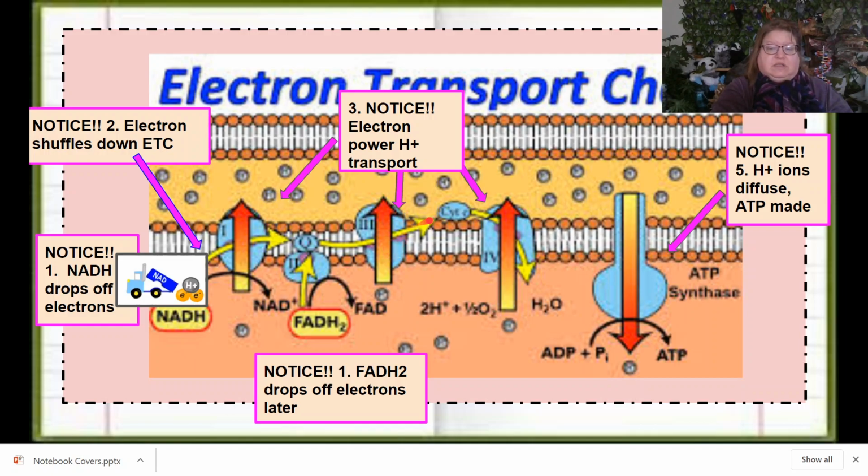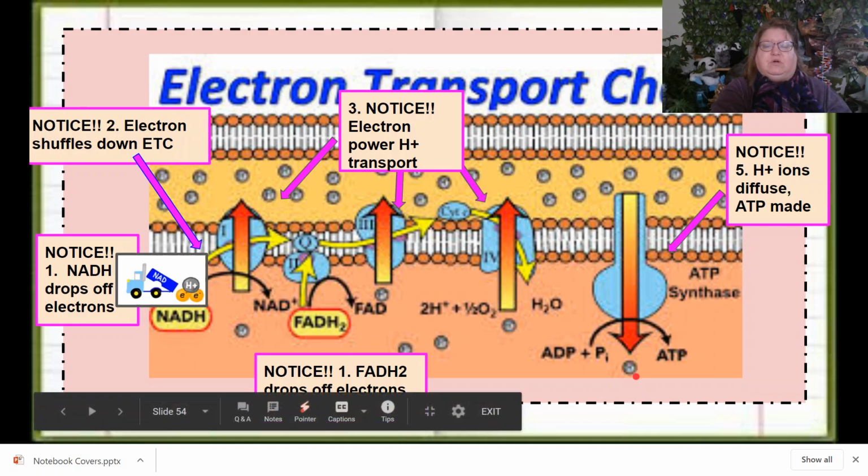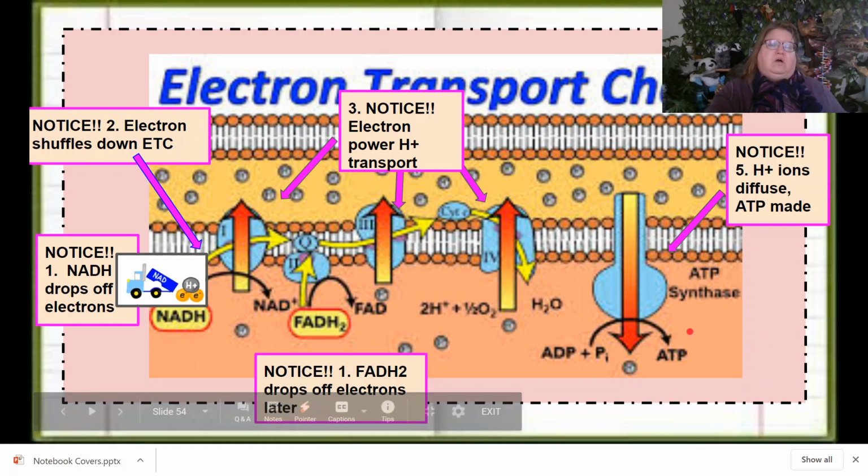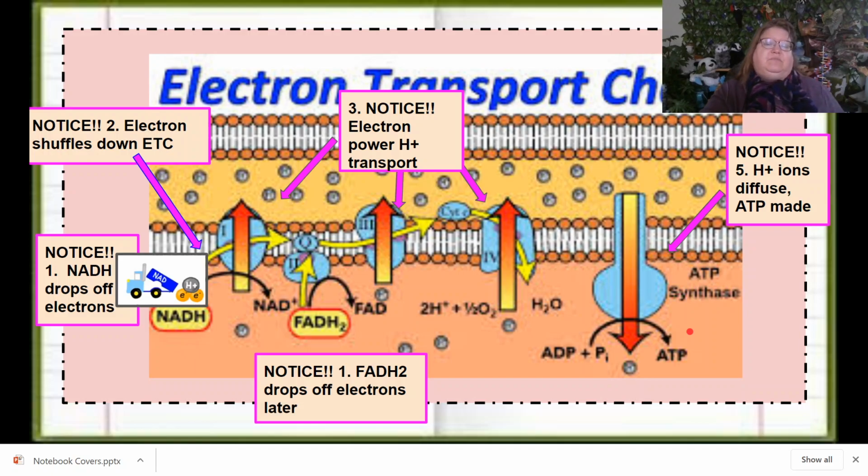The electron gets passed, and then one last hydrogen can be pumped over. So we make a nice big hydrogen concentration, and they're going to be able to diffuse once more, and then here's our little enzyme that's making ATP. So that is one little section.